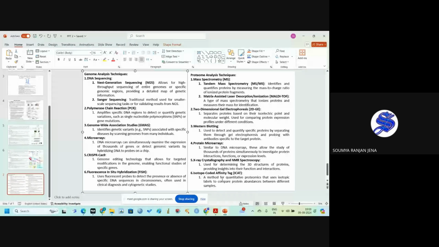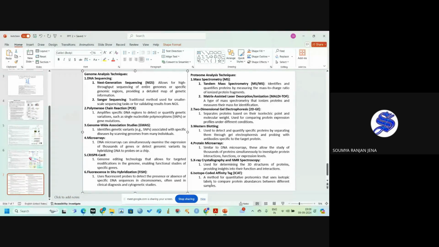Then we also label with different isotopes, a method of quantitative proteomics that uses isotopic labeling to compare protein abundance between two different samples.